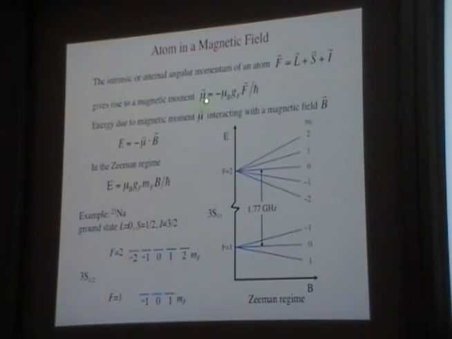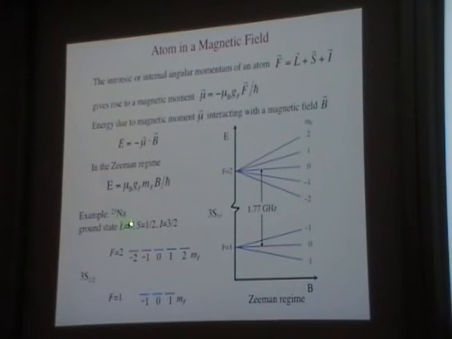Now if I put this atom with a magnetic moment in a magnetic field, this results in an energy given by mu dot B. In the Zeeman regime, the energy is just proportional to the magnetic field, and depends on what the spin projection of the atom is along the direction of the magnetic field.